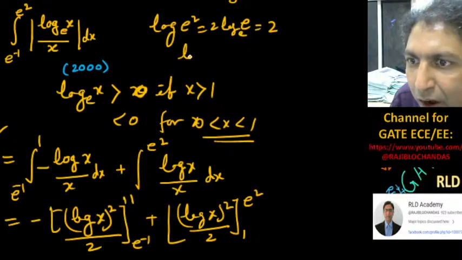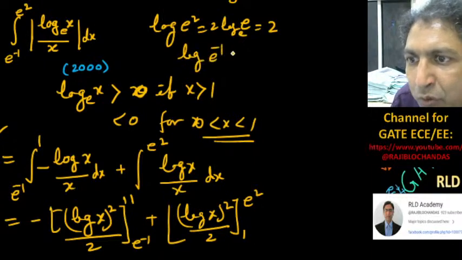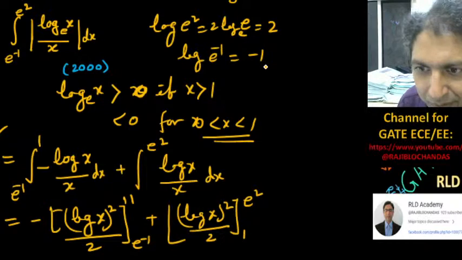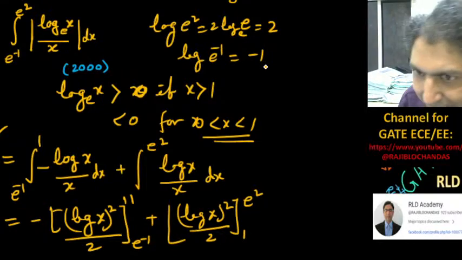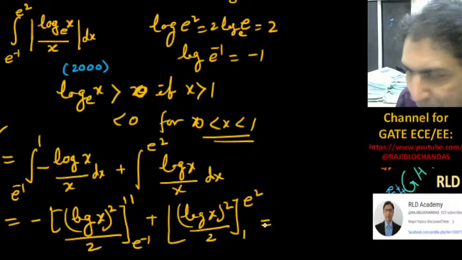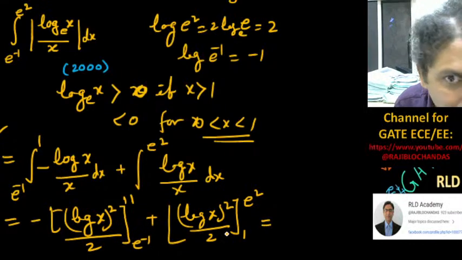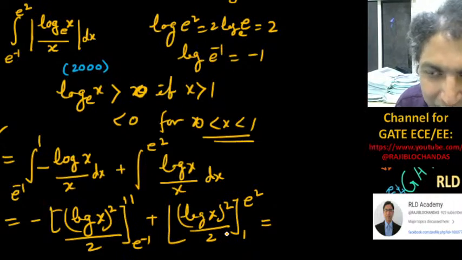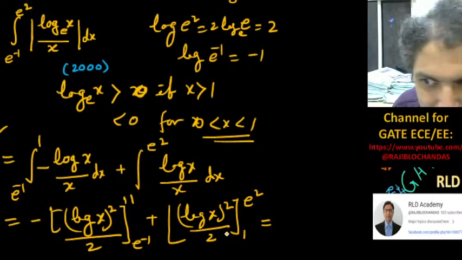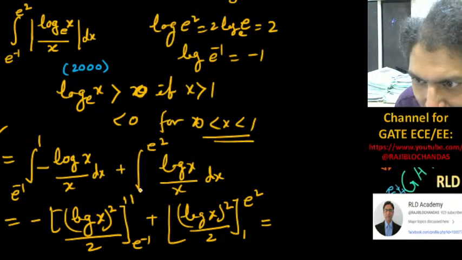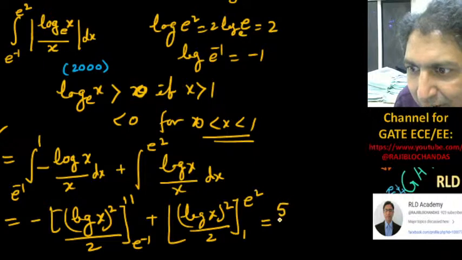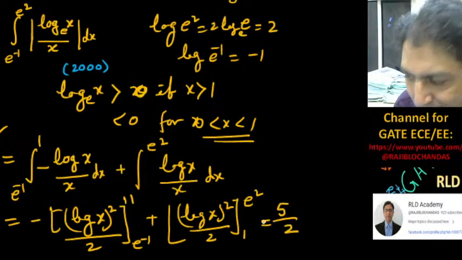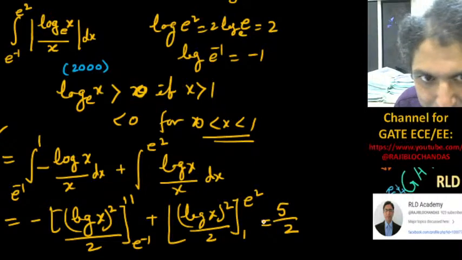Similarly, log e to the power minus 1 will be minus 1. You replace these and you can compute the total answer. Can you tell me what is the answer? Are you working on this problem? I hope you will get the answer 5 by 2, okay.